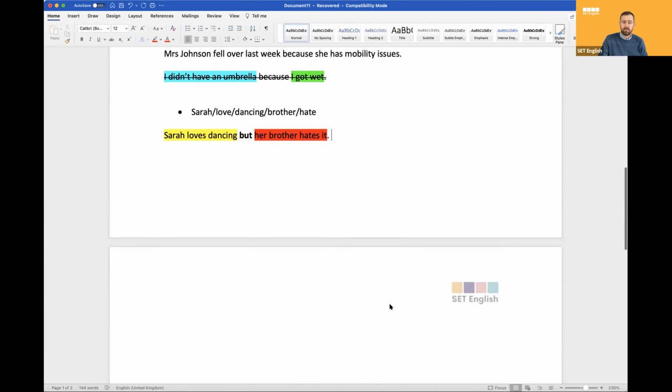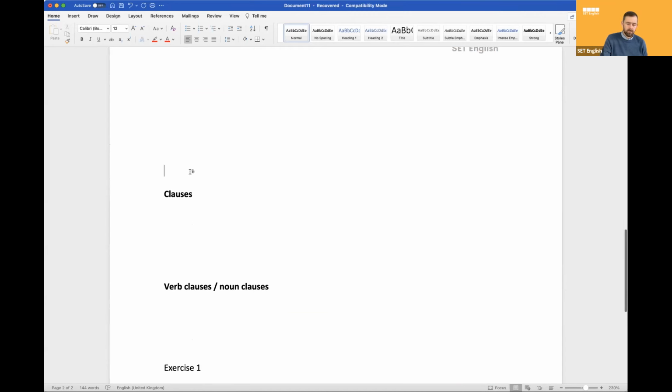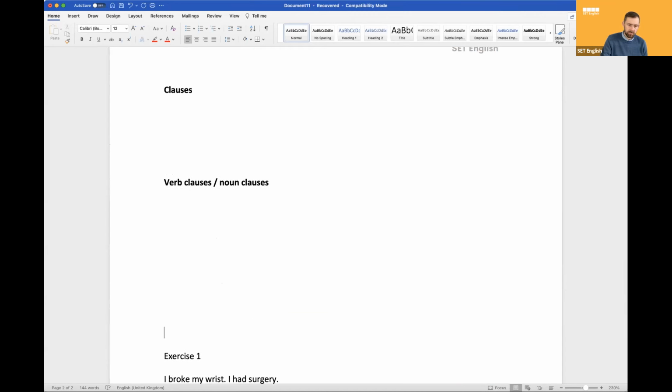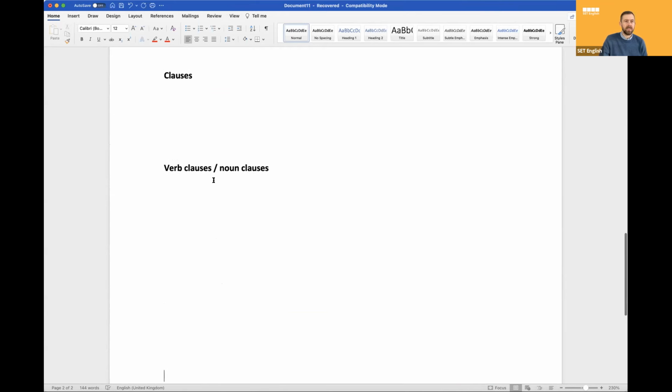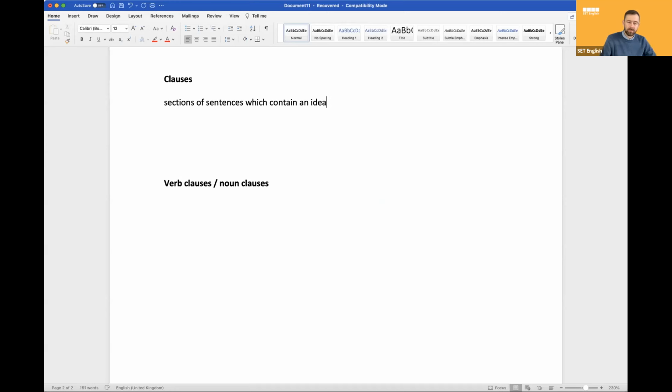Okay, clauses. Let's put this down here. Don't get ahead of ourselves on the exercises yet. Clauses are sections of sentences which contain an idea. I call it an idea because it's not always a verb.